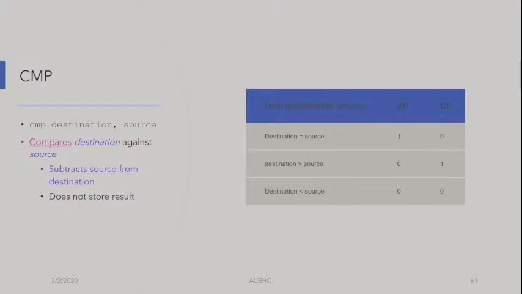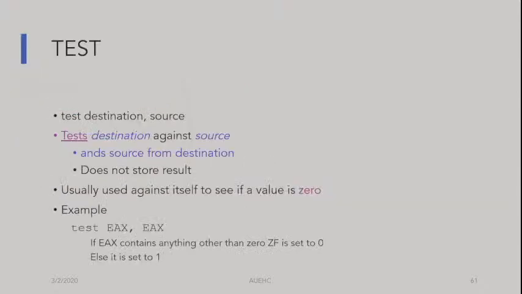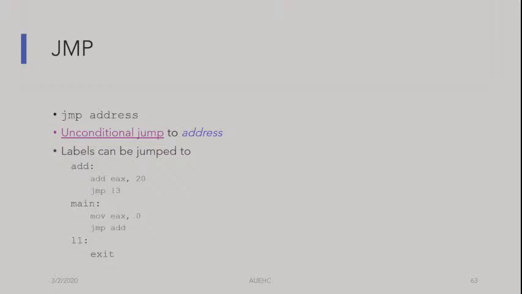It would be checking the value of EAX, right? So it's ANDing EAX against EAX. You commonly see this to check if EAX is 0. That's what it's commonly used for. So you're checking the zero flag right there. Otherwise, it's not 0 in that case.